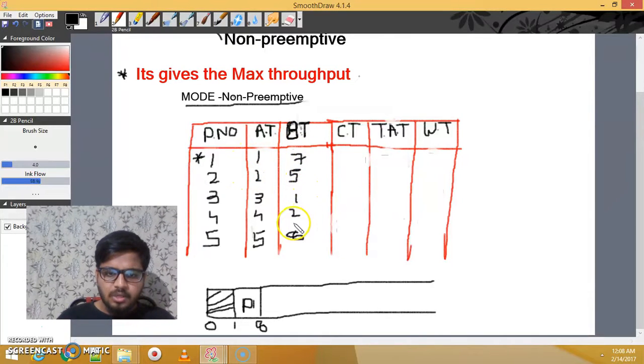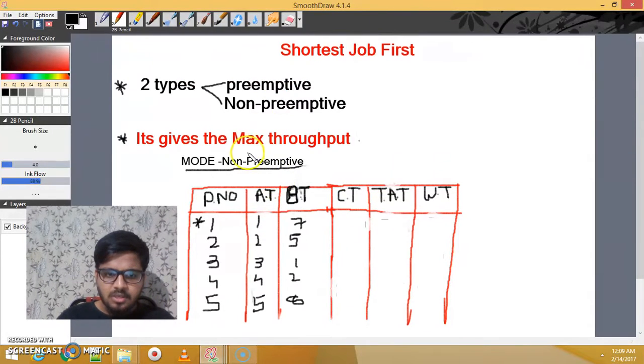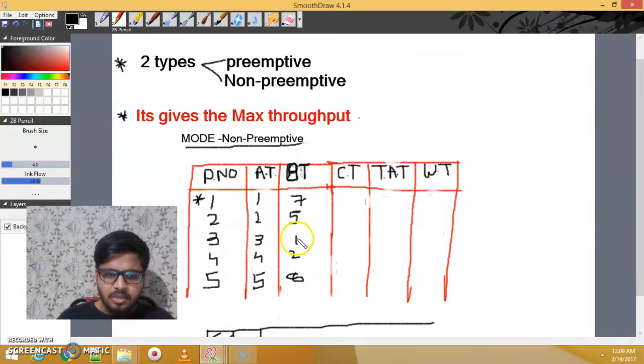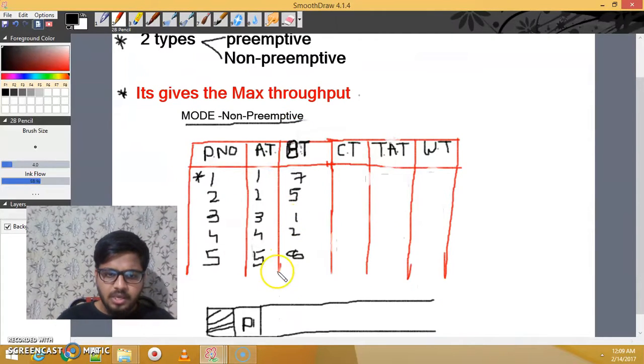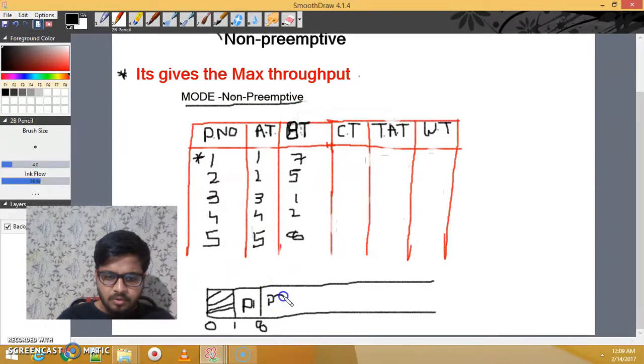In burst time, process P3 is the smallest and has the least burst time. According to shortest job first, the process with the least burst time should be executed first. Process P3 requires only 1 unit of time, so it ends at 9. So P3 is over.